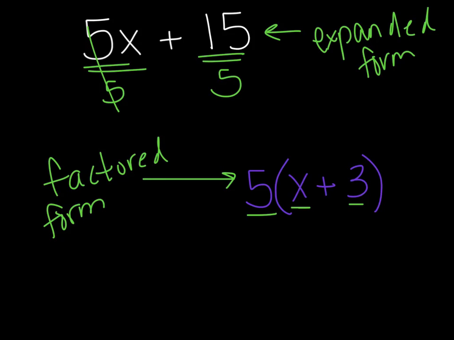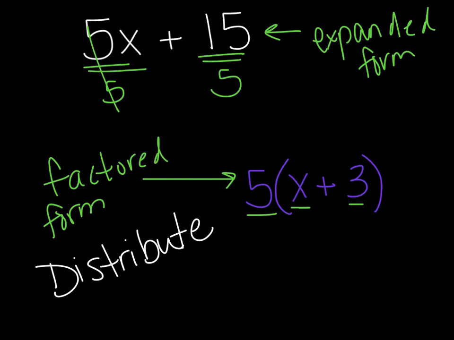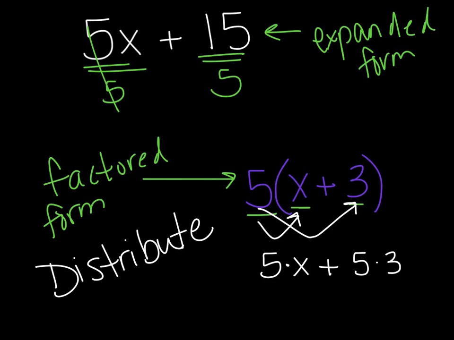Let's go ahead and see if we can distribute that 5 to both parts of our parentheses now and eliminate the parentheses and get back to expanded form. So we're going to say distribute that 5 to the x, 5 multiplied by x, plus, don't forget that little 3 there, that 5 times 3.